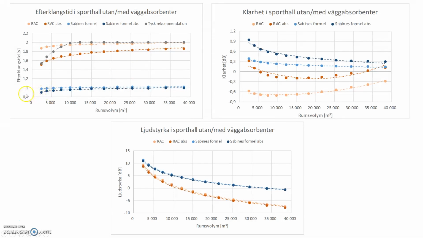And we see that the Ecophone recommendation for reverberation time is fulfilled with absorption if you calculate by Sabine. But if you calculate with the RAC calculation, it is very hard to fulfill.